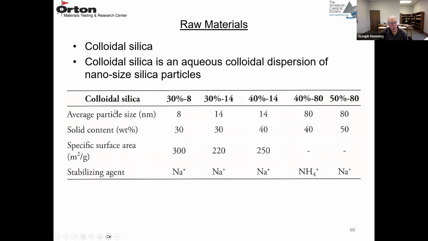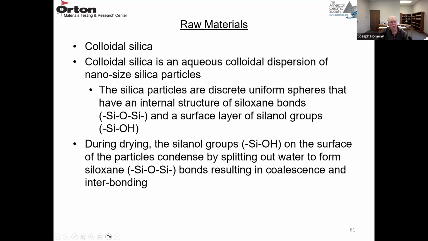So you can see 8, 14, 80 in nanometers for the particle size, and then 30, 40, and 50 for the weight percent SiO2. These three give the surface area, and then the stabilizing agent in 4 of the cases is sodium, and in 1 case, it's ammonia. So these charges on the colloidal silica just keep them in suspension.